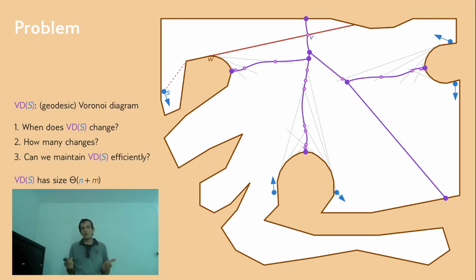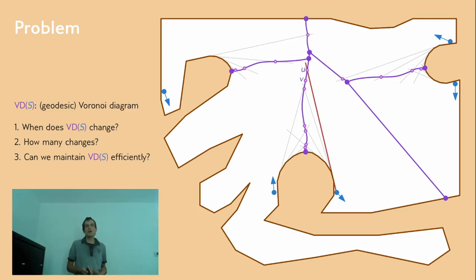And moreover, as our blue sites, our blue points, are moving, the locations of these degree 2 vertices, these pink vertices, also move, and they can change and interact with the other, the purple vertices of the diagram that we saw before. They can even interact amongst each other.